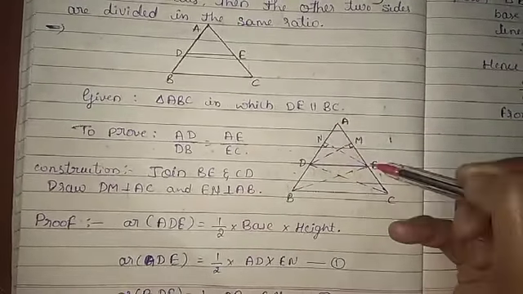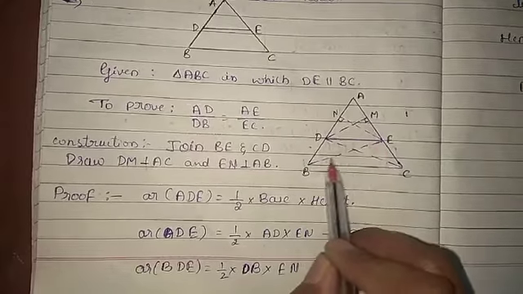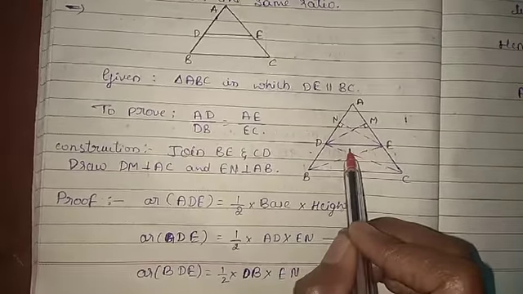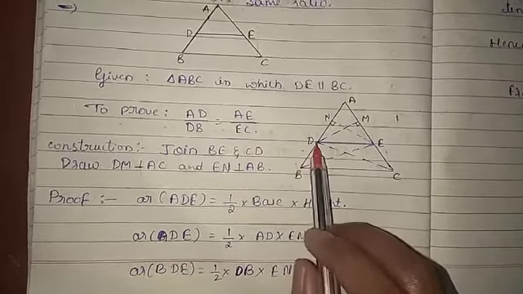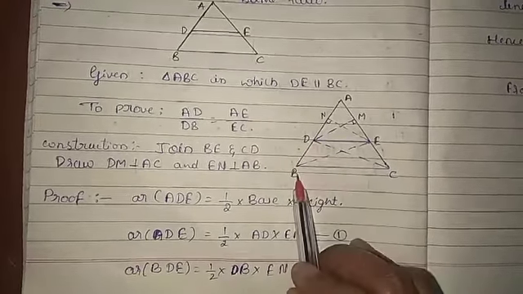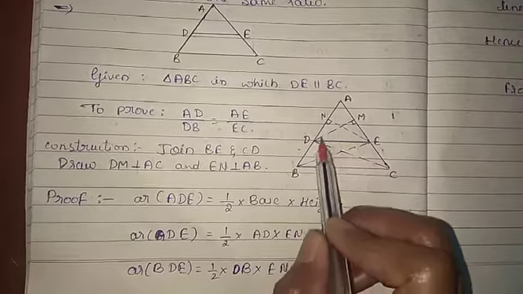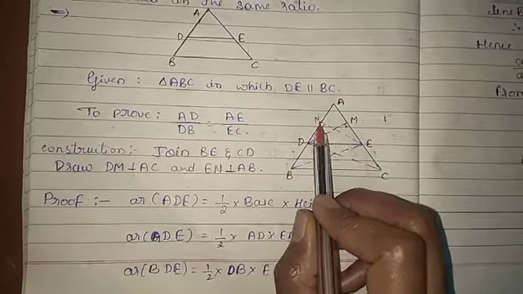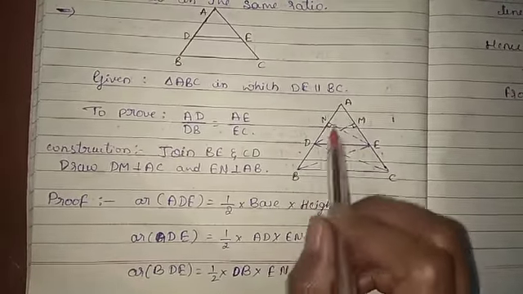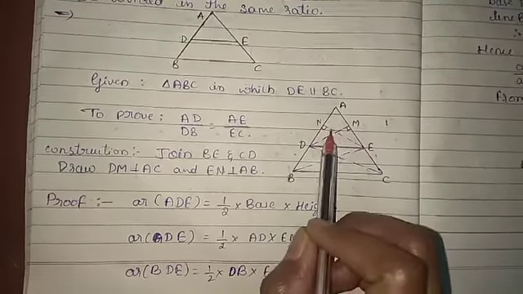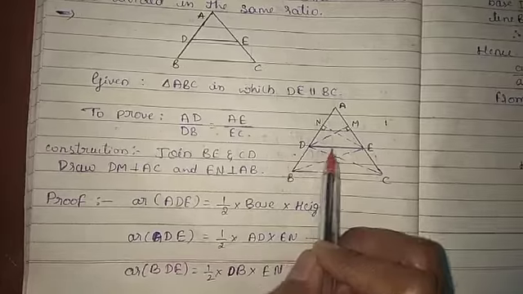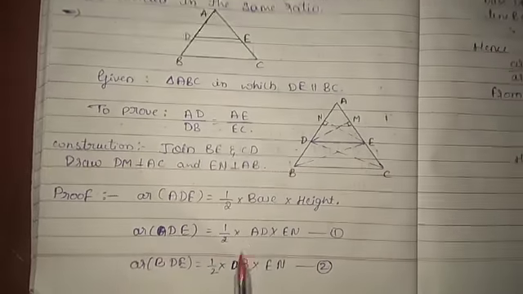Similarly take triangle BDE. In this, DB is our base. The height is the same, because EN is perpendicular to AB, so EN is the height of this triangle too.